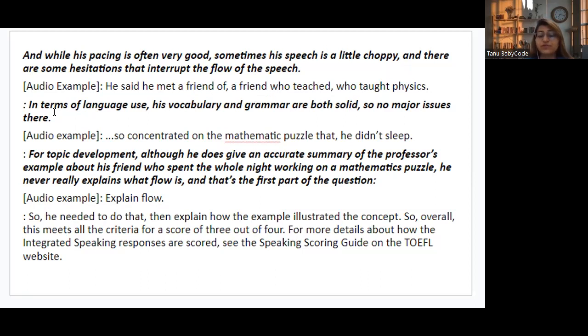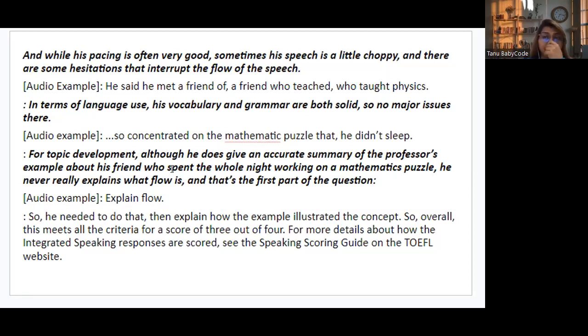Second thing is, if you look at language use, vocabulary was fine, grammar was also fine, "concentrated on the mathematical puzzle, he didn't sleep." That is fine. But in delivery, he interrupted his speech, intonation pattern. Topic development: he does give an accurate summary of the professor's example, right?